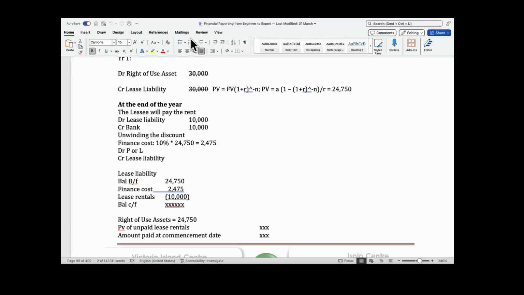And when you are accounting for leases, you are going to consider that period of extension if it is favorable for the lessee to extend.